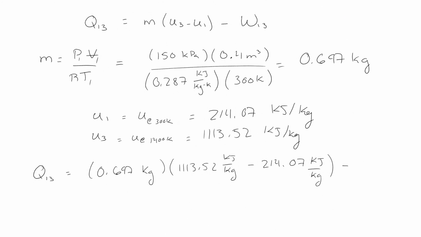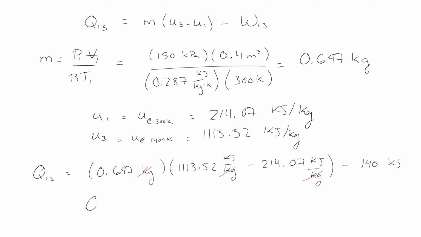So minus positive 140 kilojoules. Okay, just a quick sanity check to make sure all my units work out. My work is in kilojoules. My internal energies are in kilojoules per kilogram. So when I multiply through by kilograms, I am left with kilojoules in my first and second terms, which is exactly what I'm looking for.